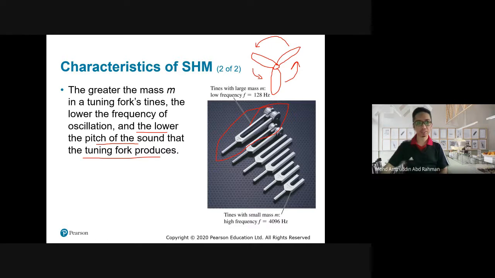So that actually relates to the characteristic of this simple harmonic motion.